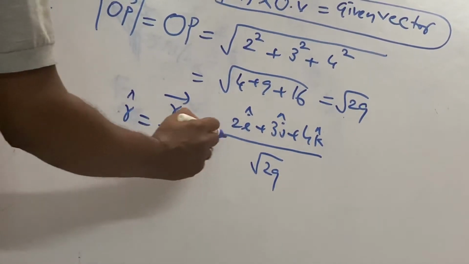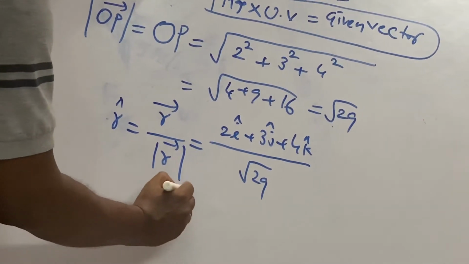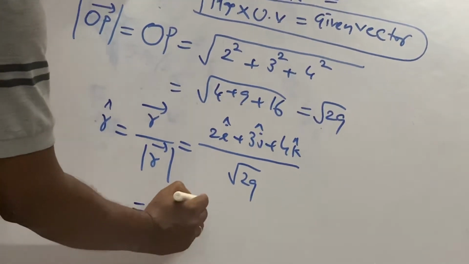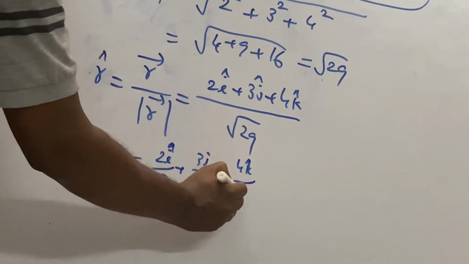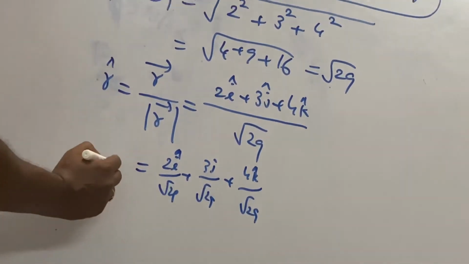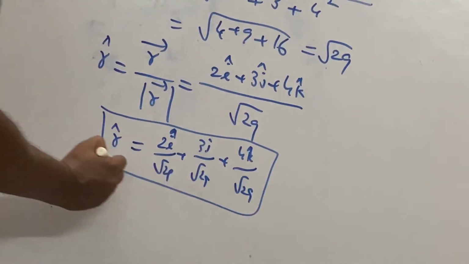You can write this as 2i cap by root 29 plus 3j cap by root 29 plus 4k cap by root 29. This is r cap, the required one.